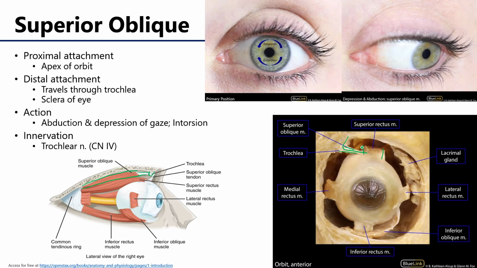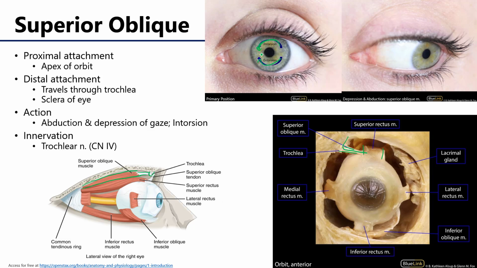Intorsion is a special movement that is more of a rotation of the eye toward the medial pole. So the superior pole goes towards the medial pole of the eye. So just a little bit of rotation, not a tremendous amount. We can contrast this with extorsion, which is the exact opposite movement. But the superior oblique muscle is the major driver of intorsion.